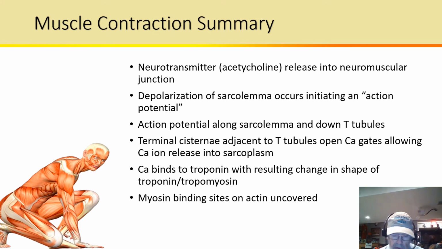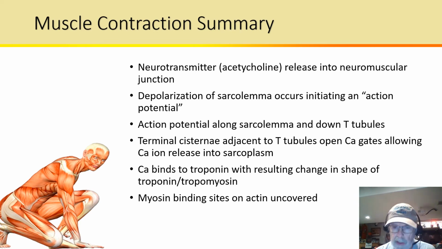And that action potential is just this electrical signal that is transmitted all the way down that sarcolemma to the entire muscle, the sarcomere itself. What happens, we get down to those T tubules. We talked about that just briefly a few minutes ago, and those T tubules have cisternae, and these cisternae are the areas where we have a lot of calcium.